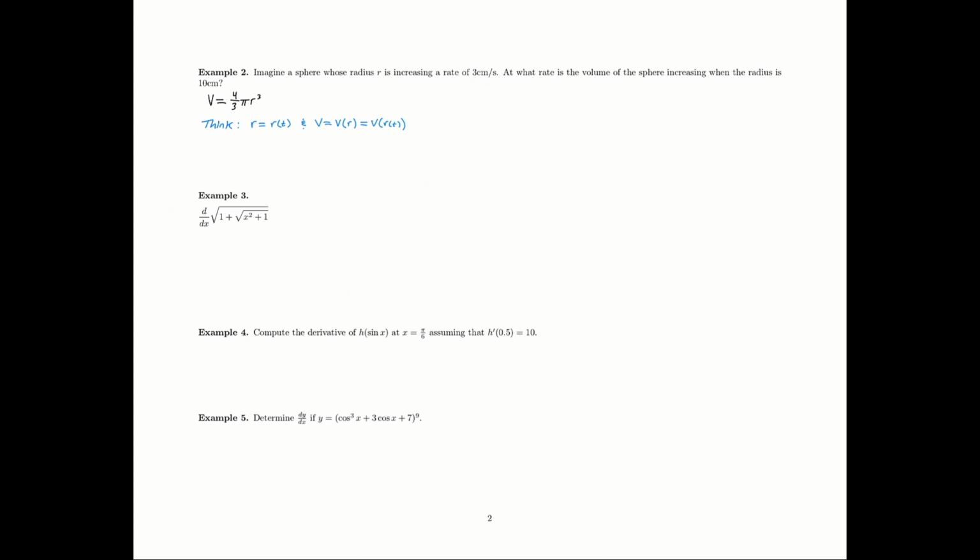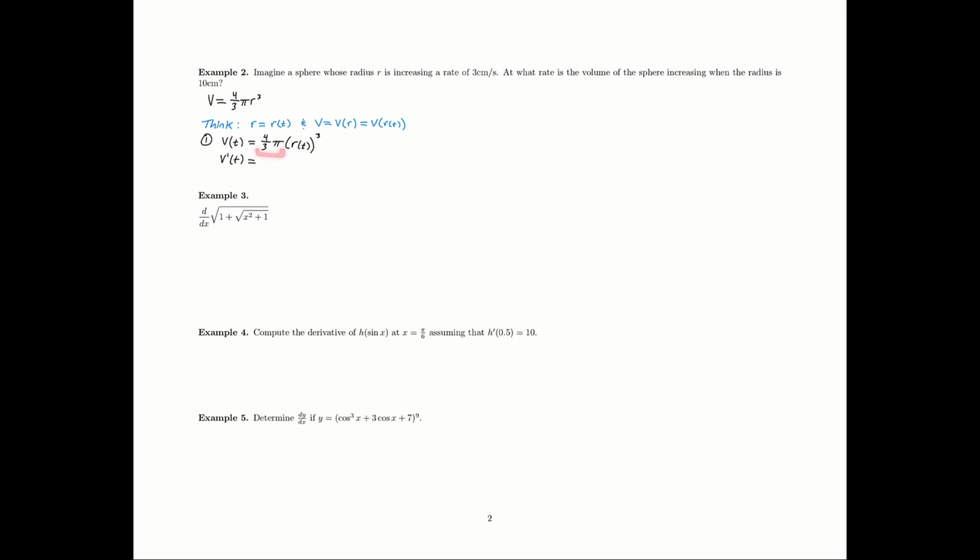Option 1 is to go ahead and just say that v of t, let's say, is equal to 4/3 pi, and then this function that we don't know, r of t cubed. Then if we take the derivative with respect to time, v prime of t, we would have a chain rule going on right here on this term.